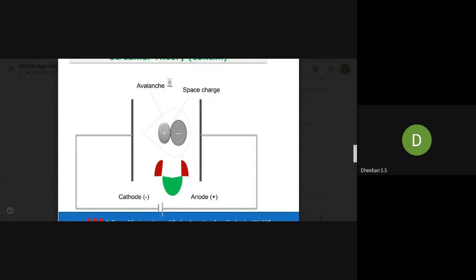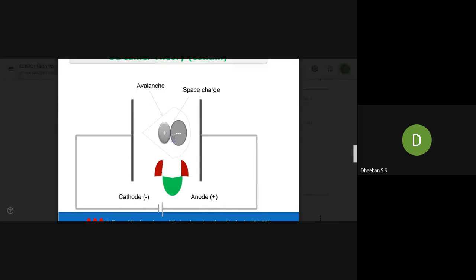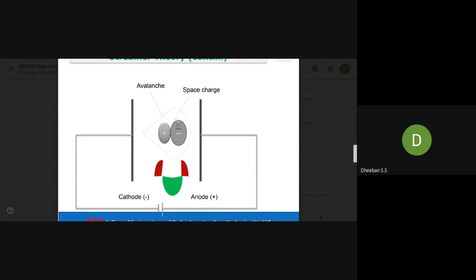You just Google it, what is a space charge. Okay. In general, space charge is nothing but a cumulative of charge. So from a particular point, this gives rise to an avalanche. Okay, so this will be your spark.